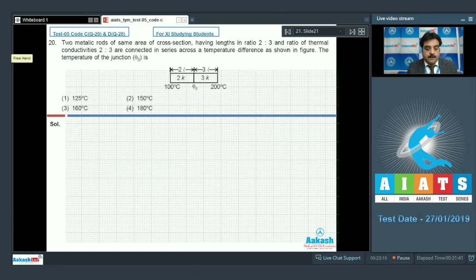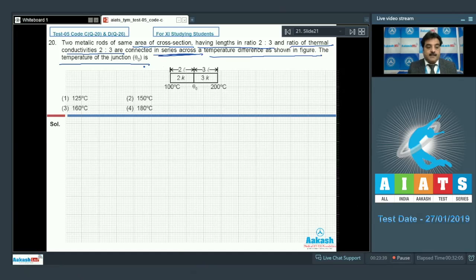In question number 20, two metallic rods of same area of cross section, very good point, having length ratio 2:3, thermal conductivity 2:3 in terms of ratio, connected in series. So heat current will remain same. This is a very important point. Temperature difference as shown in figure, the temperature of the junction is?